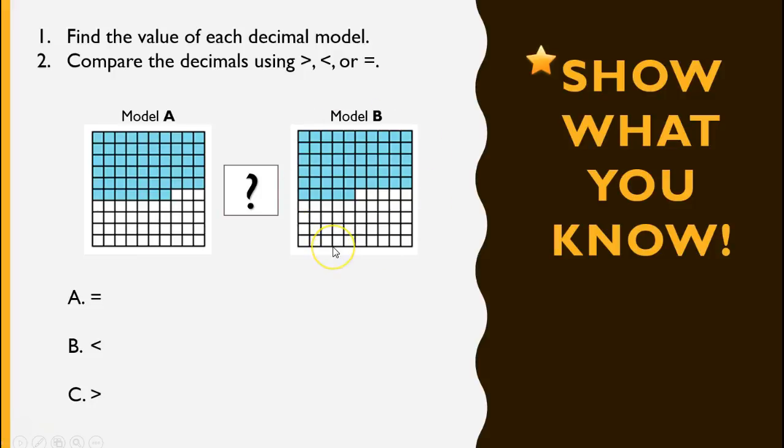And write that on your paper. That's number one. And then number two, you're going to compare the decimals that you create. Compare the decimal value of Model A to the decimal value of Model B. And you're going to choose if it's equal, less than, or greater than.